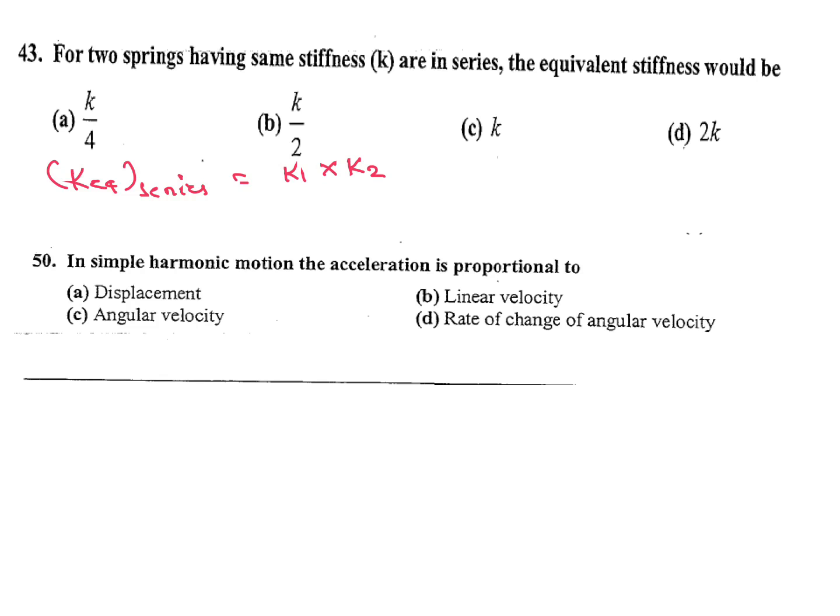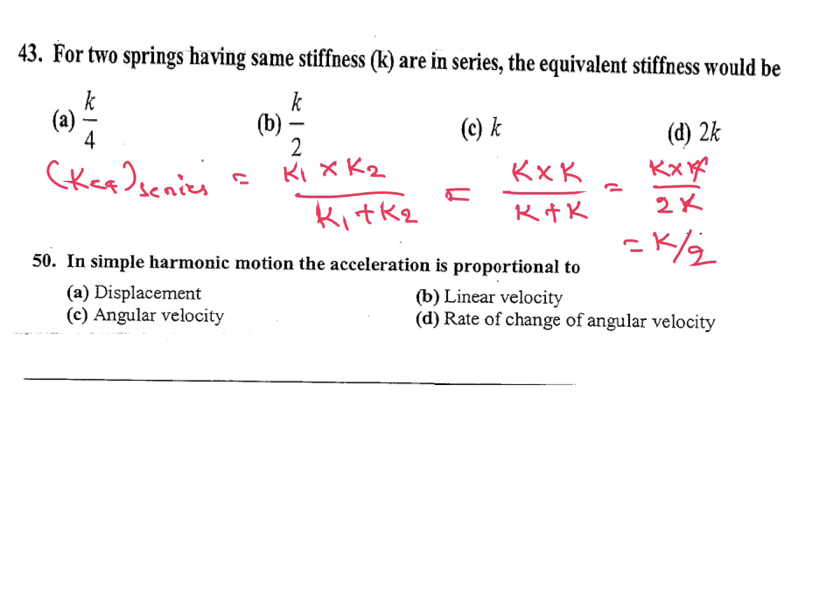Already this one was discussed in series and parallel connection. Both are the same, so K into K by K plus K, K into K by 2K, K cancels. It's K by 2. So B is our answer.